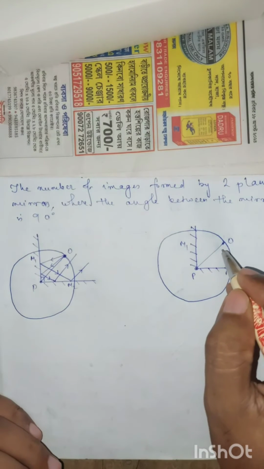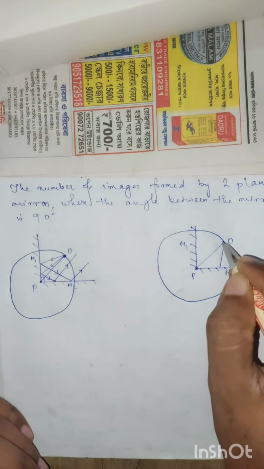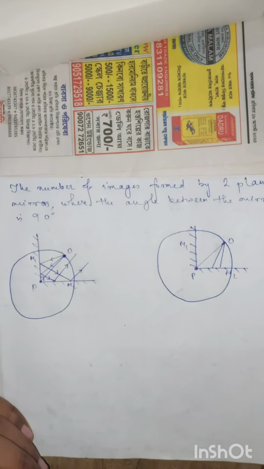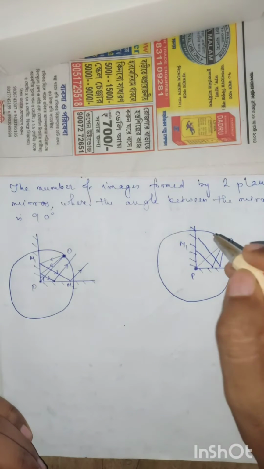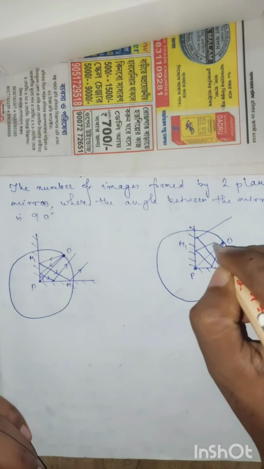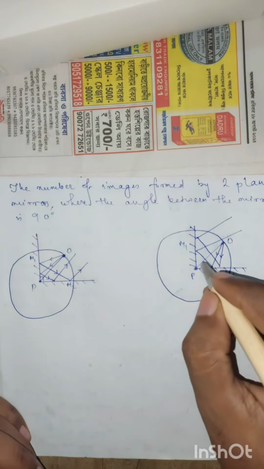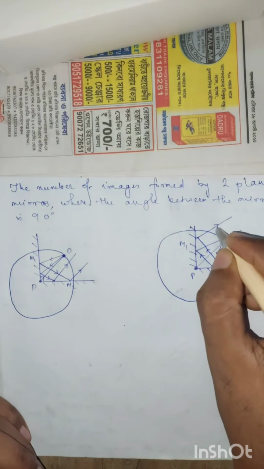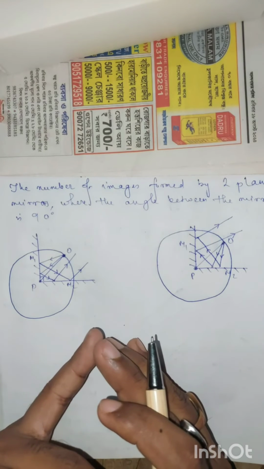Now if we take the opposite case, if we take M2 as our first reflector and M1 as our second reflector, then actually these two things are happening simultaneously.